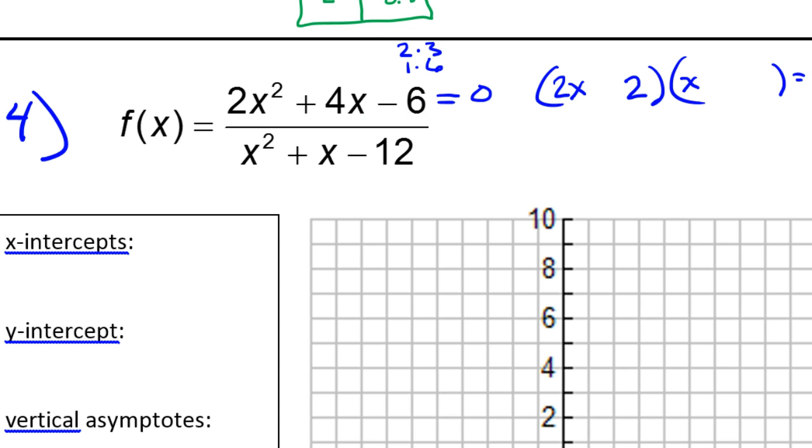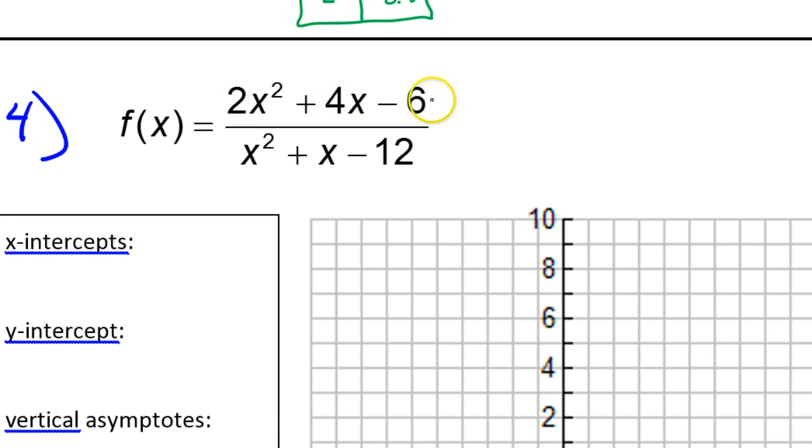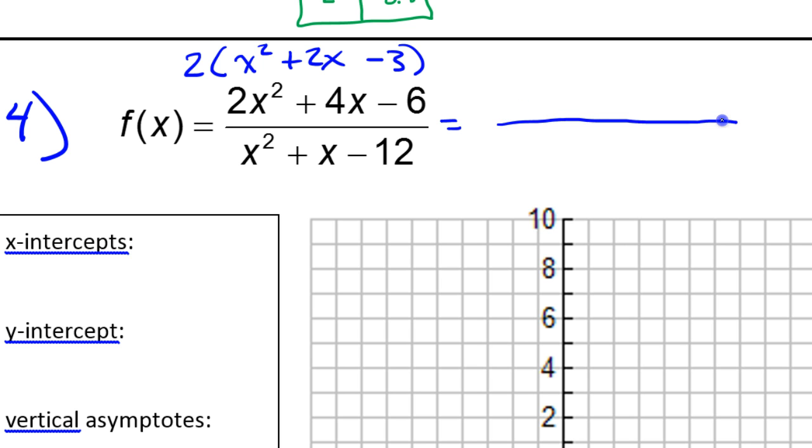But then I'm noticing that there is a GCF in the original problem. So that's the first step of factoring, is there's a common factor. All of these are divisible by 2. So before I do anything else, I'm going to pull out the 2. So that's going to leave x squared plus 2x minus 3.